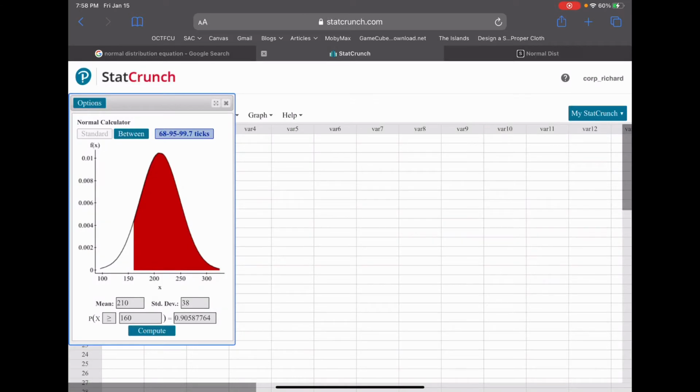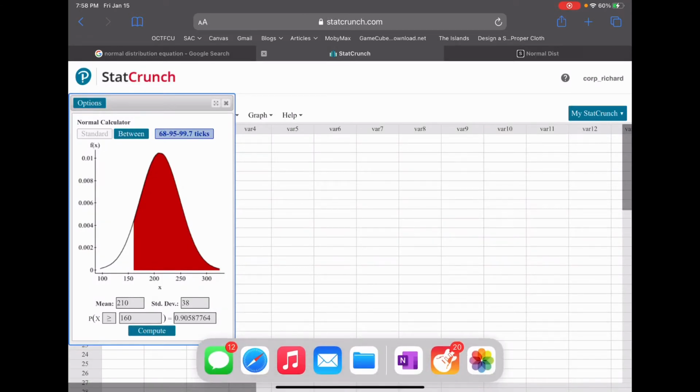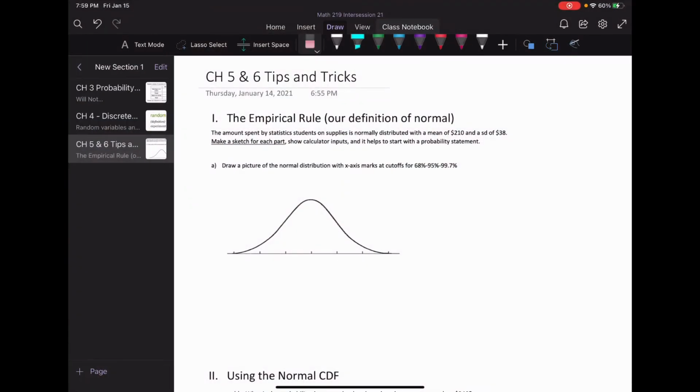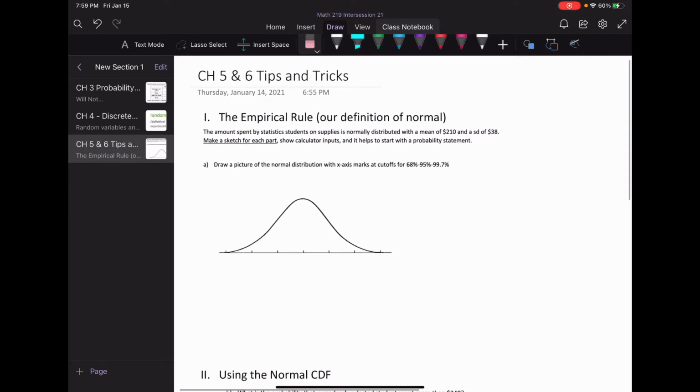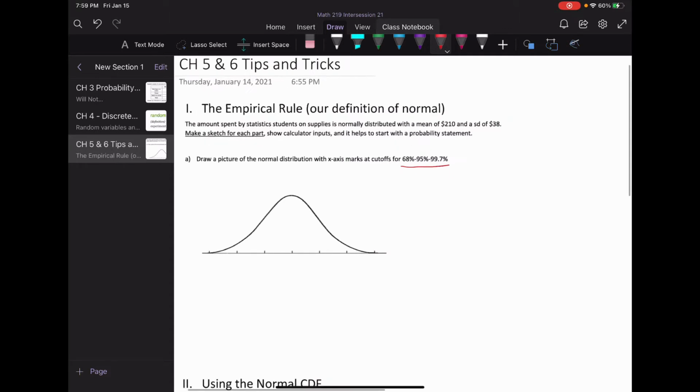We're going to use that definition, which we call the empirical rule, and look for 68% of the data within a certain distance from the mean, 95% of the data within a certain distance of the mean, and 99.7% of the data. So the empirical rule tells us that 68% of the data is around the mean, and since this is symmetric, the mean is the center.